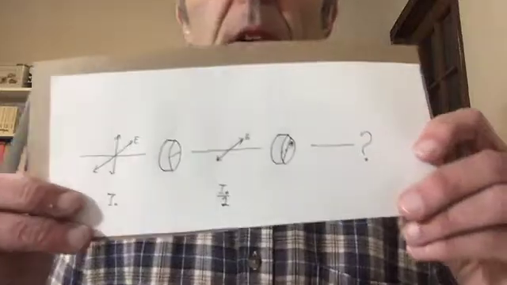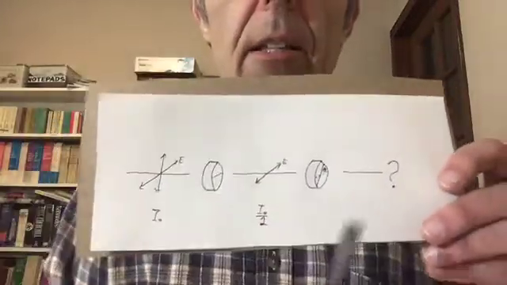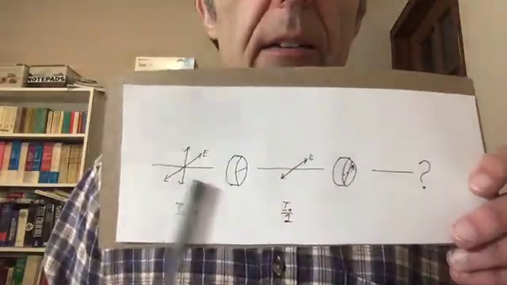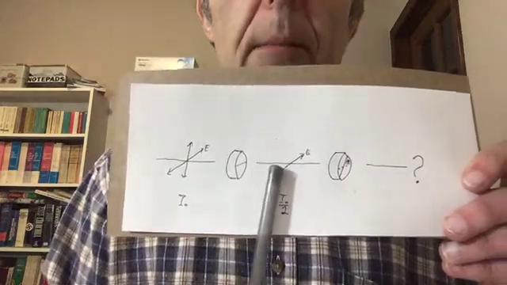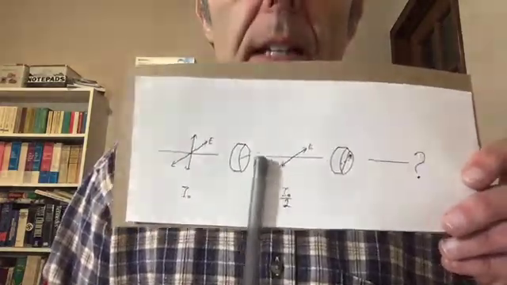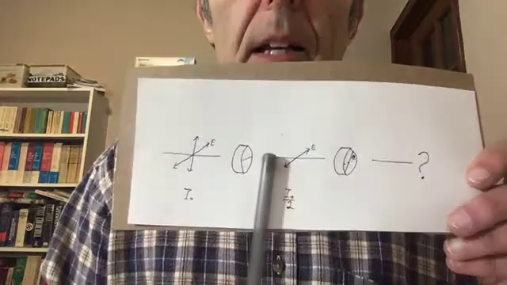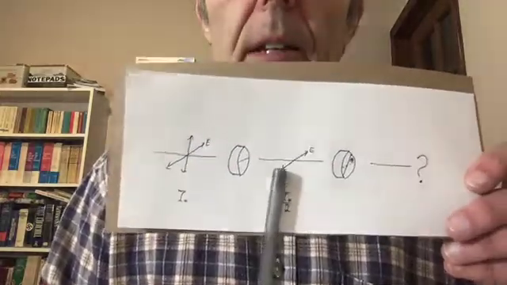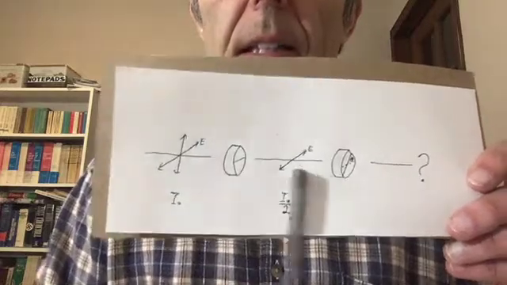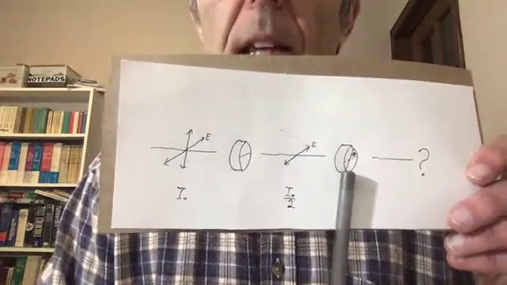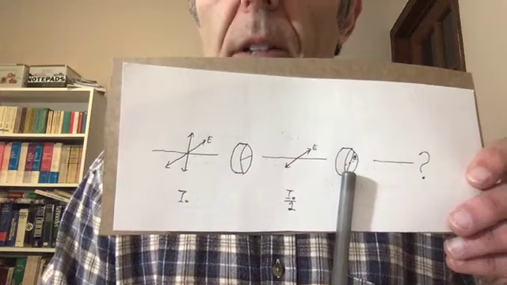Let's look at the general case. You have your unpolarized light, intensity I0, passes through your polarizer, same as before. You now have linearly polarized light. It's going back and forth, nothing up and down. Now the second polarizer, you're going to rotate. You're not going to rotate all the way so they're crossed.